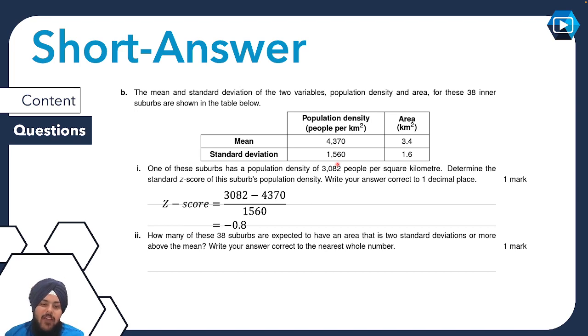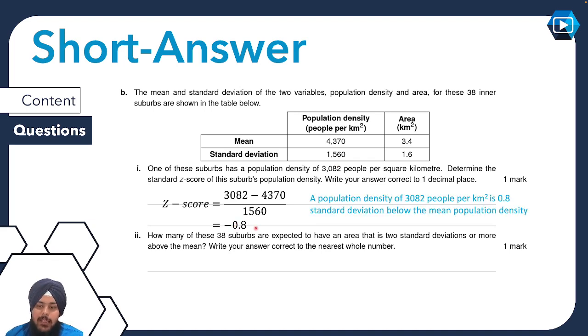If it's a negative value, what that means is that the value is below the population mean, which is 4,370. And how many standard deviations below it is determined by the actual quantity. So it's negative 0.8.